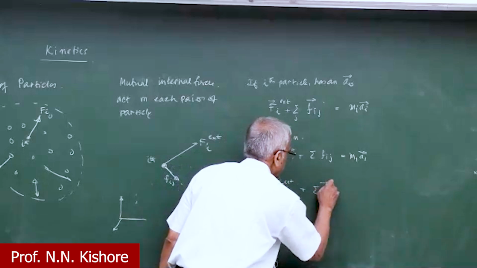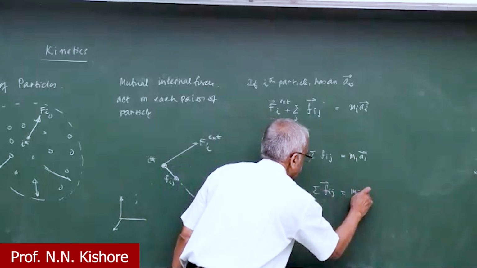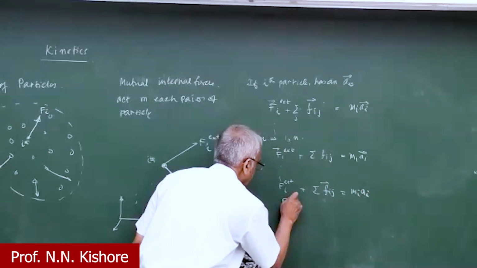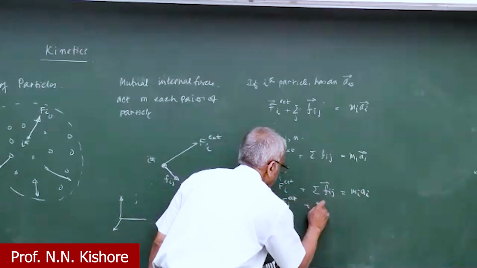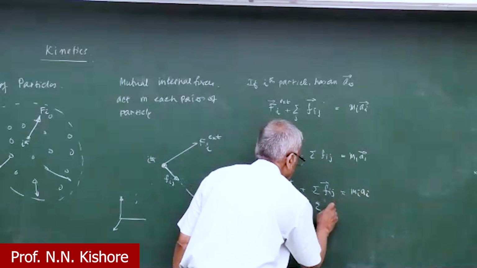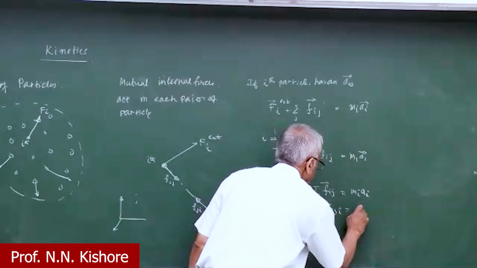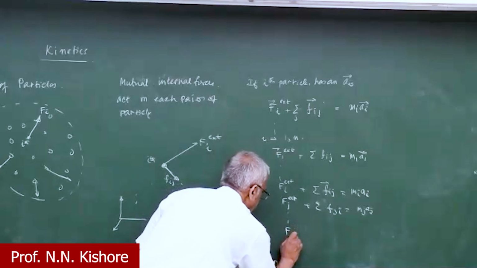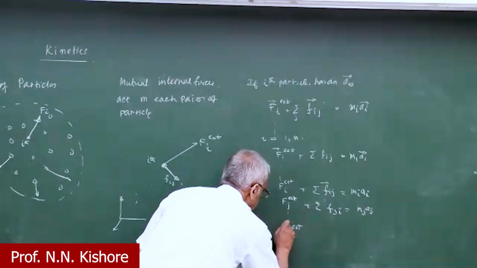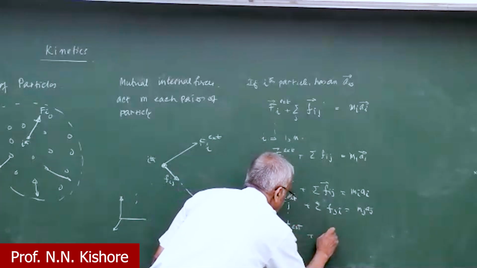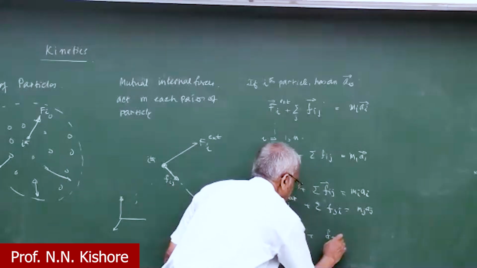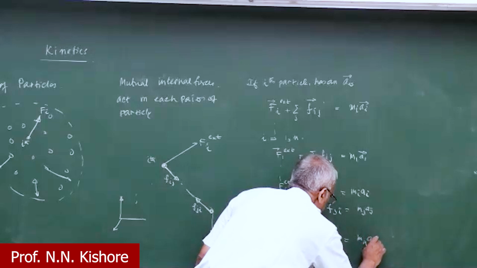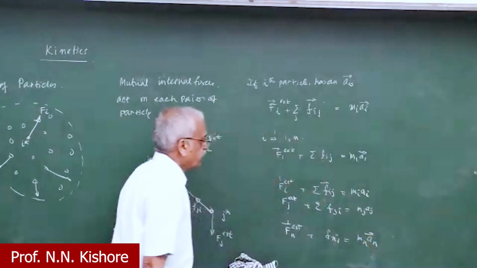F1, F2, Fi, Fij. But then there is one interesting thing here: there are internal forces, depicted by small f, and these forces occur in pairs. There is an Fij and there's an Fji, so they are equal and opposite. So all these internal forces act in pairs, equal and opposite. So if you sum it up, they all become 0.